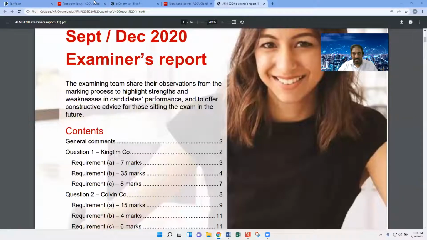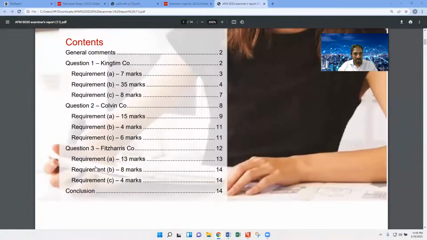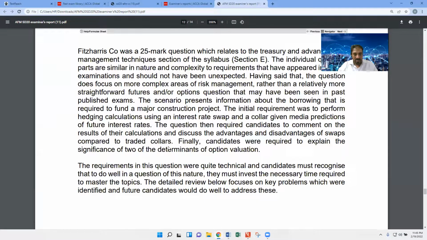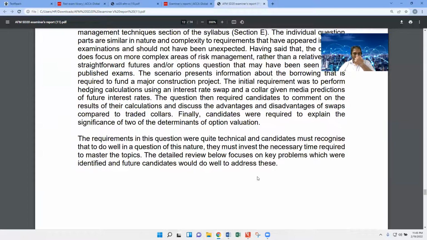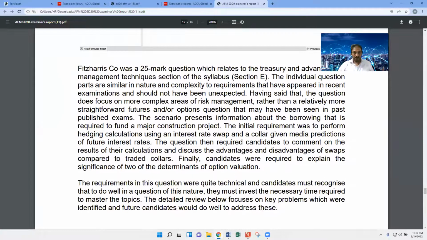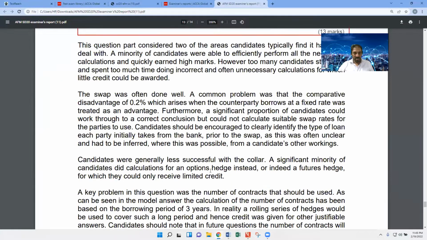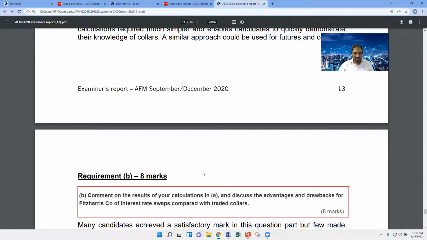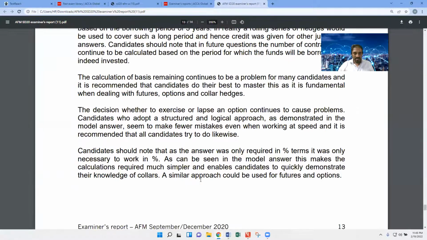Yes, this is what the examiner reports. Fitch Harris, 13 marks. We have to highlight the things, the highlight points.